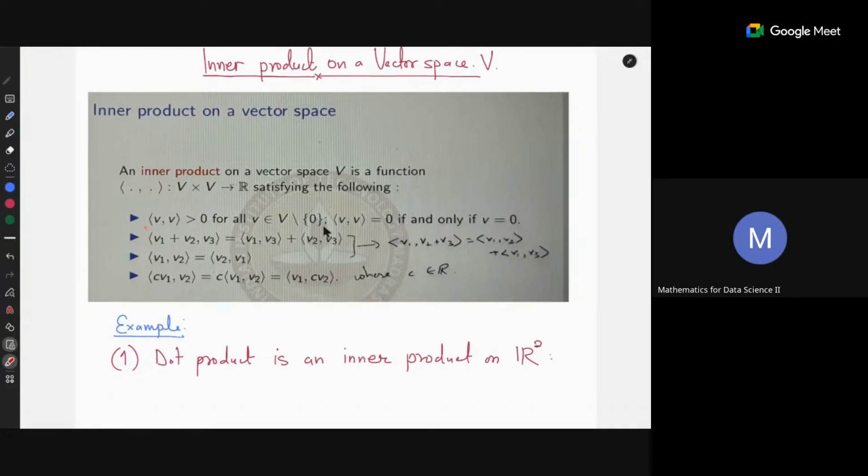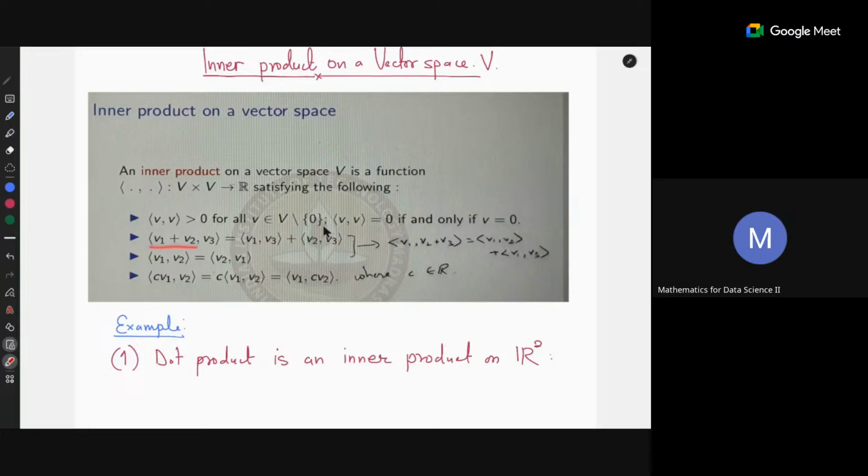First of all, if you take the inner product of the same vector, it must be positive for all non-zero vectors in your vector space. And the inner product of the same vector will be equal to 0 if and only if the vector itself is 0.